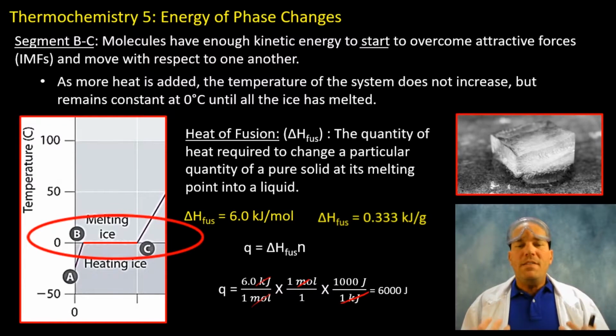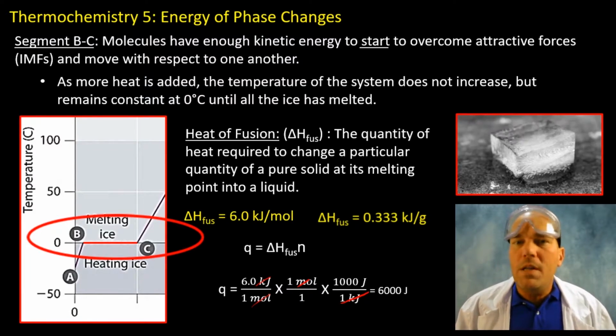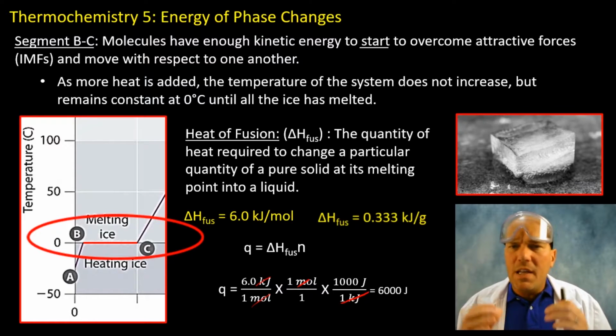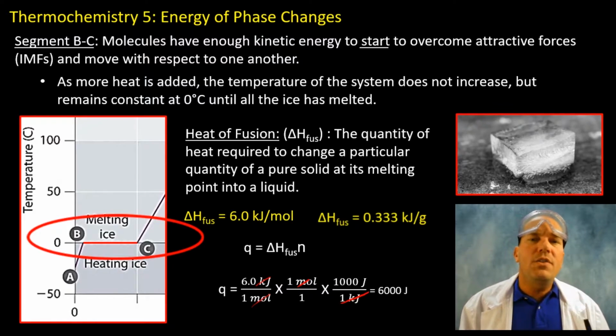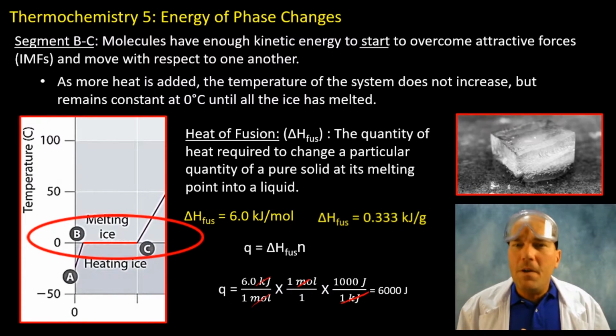So this amount of 6.0 kilojoules per mole is equivalent to the enthalpy of fusion reported as 0.333 kilojoules per gram. Now, where did that amount come from?